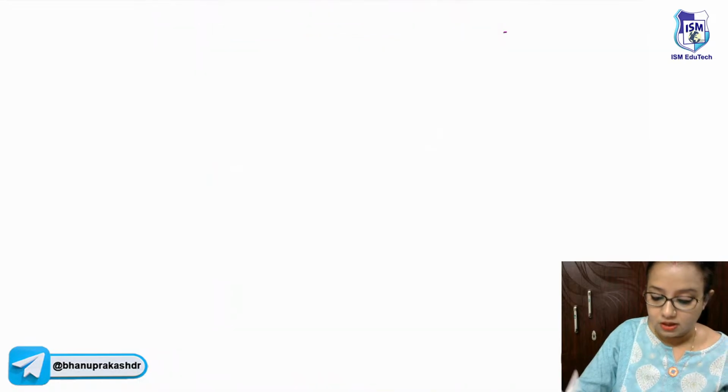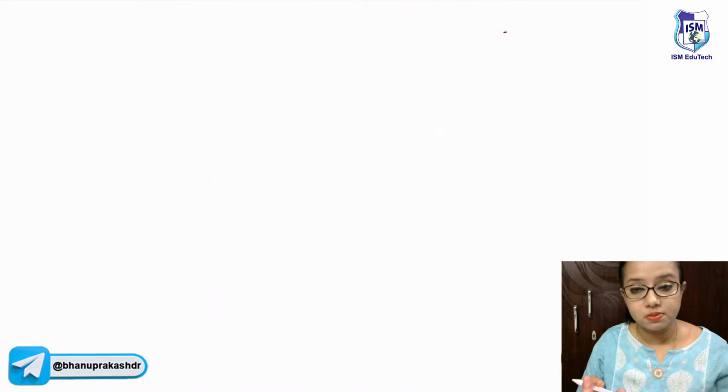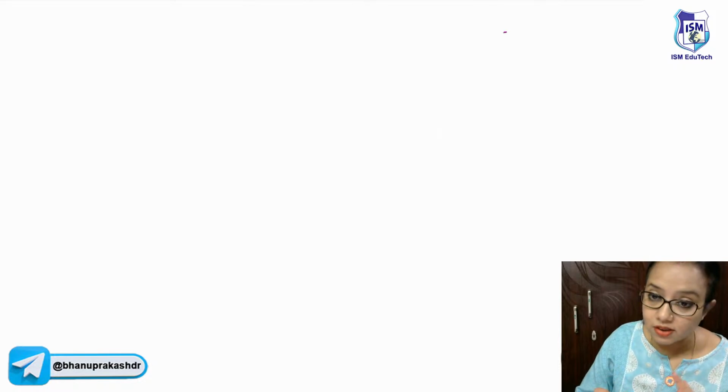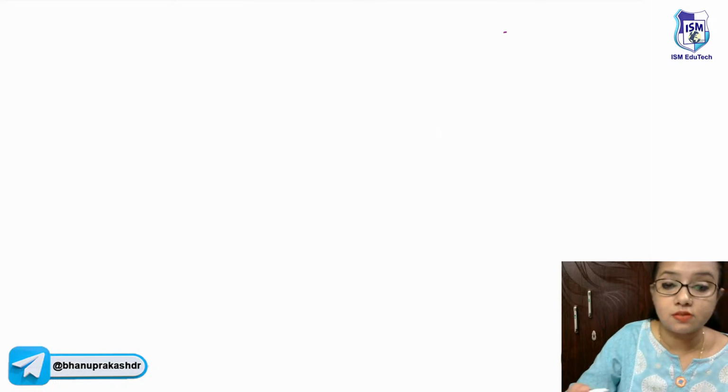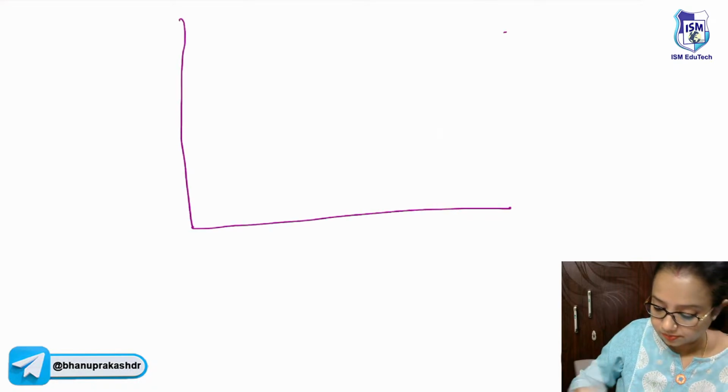Now, we have spoken so much about facilitated diffusion. Facilitated diffusion and simple diffusion are governed by certain physical and kinetic factors. If I have to draw a graph showing the rate of diffusion of both simple and facilitated, it is something like this.